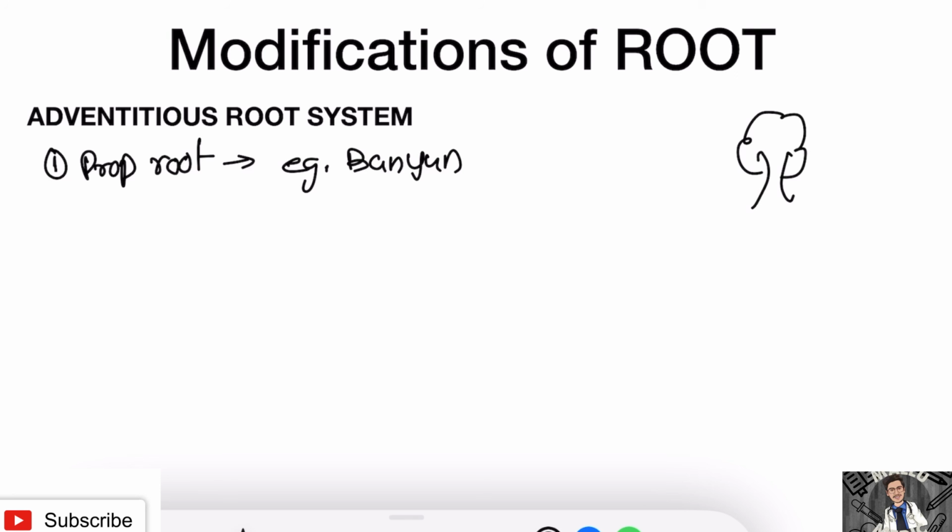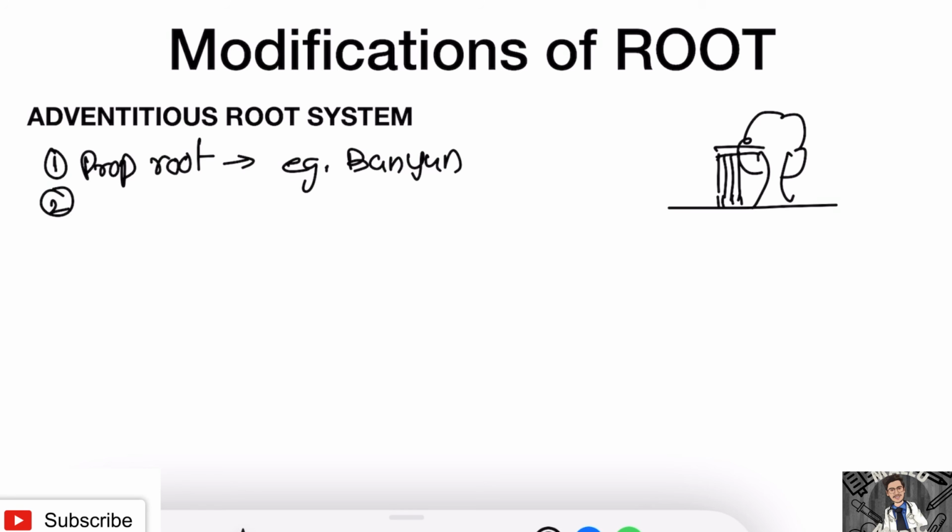Suppose this is a banyan tree and this is one of the branches, and from this we have roots developing which come and touch the soil. These roots are called prop roots, and an example is the banyan tree.